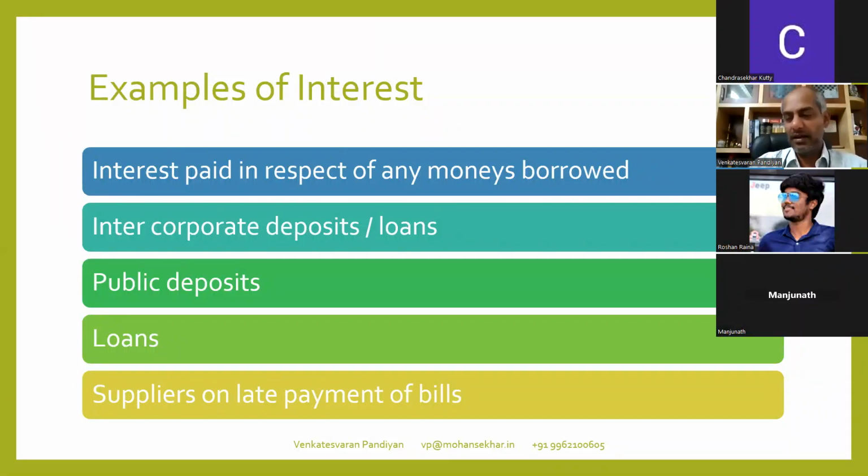When I pay interest on that outstanding, and if that amount is more than 5,000 rupees, TDS is deductible. A very common mistake that happens in small and medium-sized businesses is that they tend not to deduct TDS from this kind of payment, a payment to a supplier for late payment of bills. So this is one example.